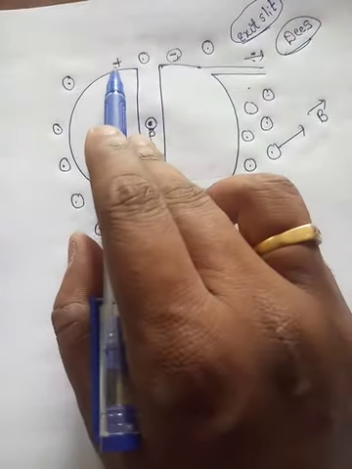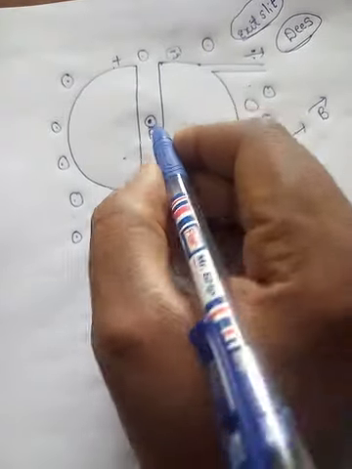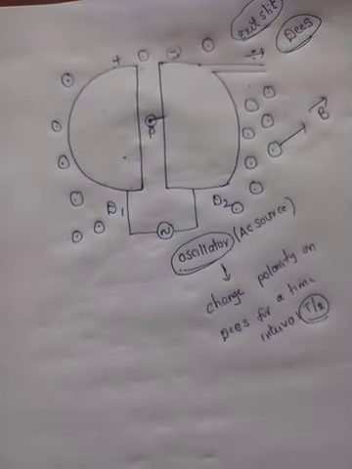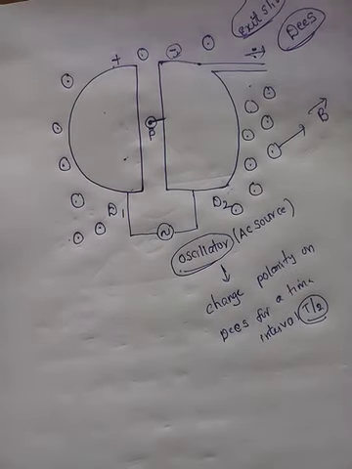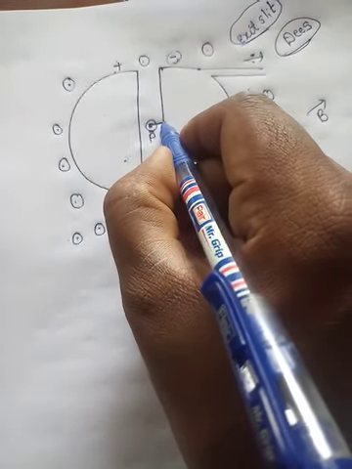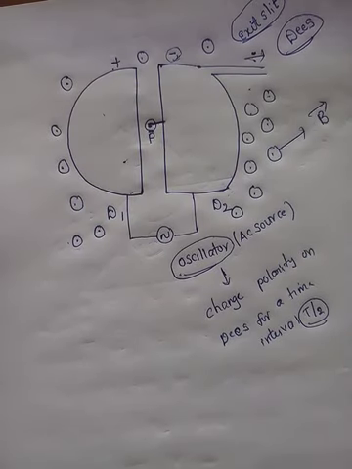During the first half cycle, D1 is positive and D2 is negative, so the particle accelerates towards D2. It is accelerated between the D's, then goes inside, where there is no effect of electric field.